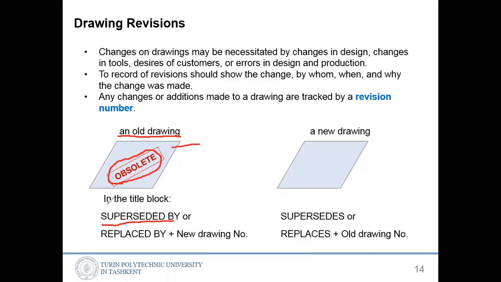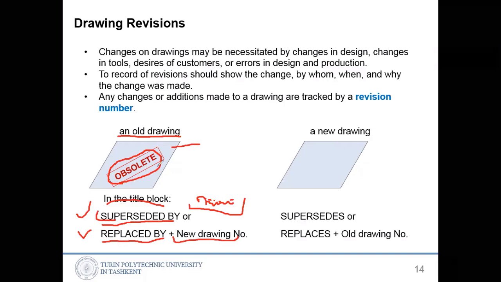In the title block you have to write "superseded by" and then the new drawing number, so you can find the new drawing. Or you can write "replaced by" and then the new drawing number. Both are correct, and the obsolete stamp is also correct, but you need the new number to show the new drawing.